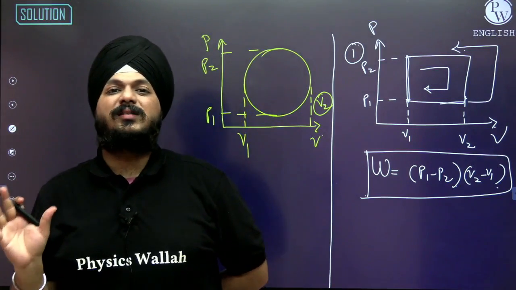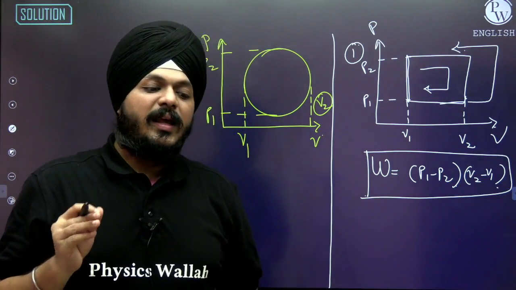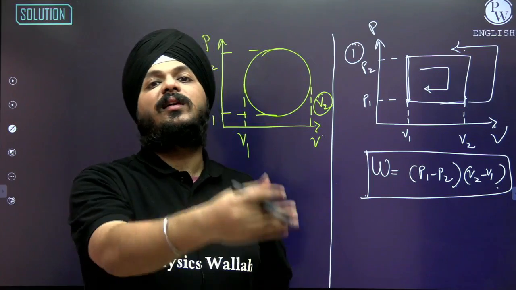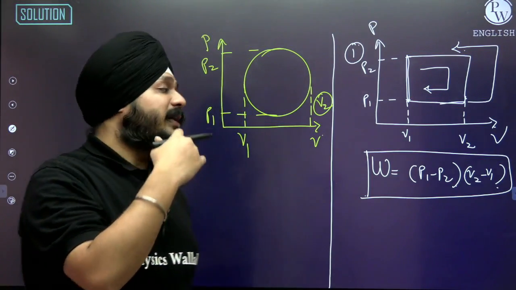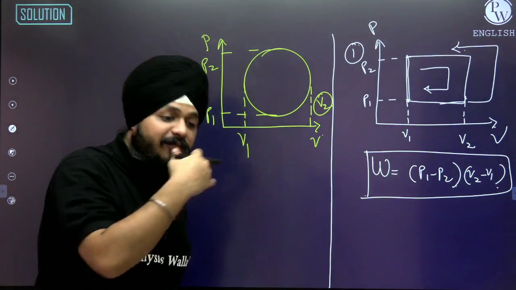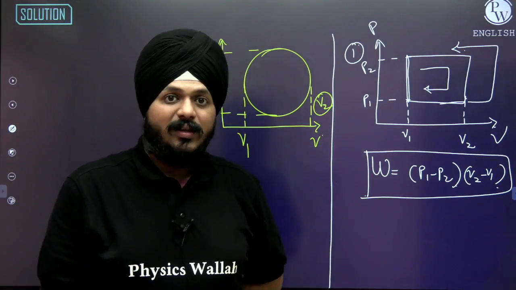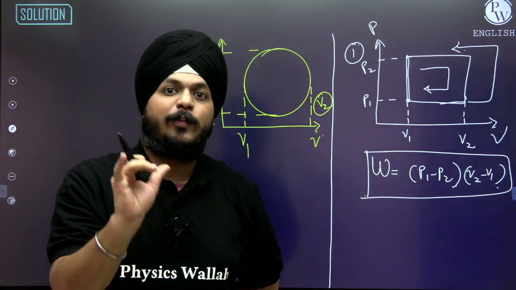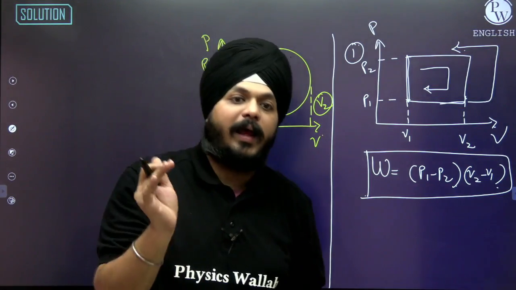In some of the lectures, some of the tutors are saying anti-clockwise take as positive in physics and clockwise take as negative, right? But my suggestion is to follow the general phenomena: work done by, heat release, supply.